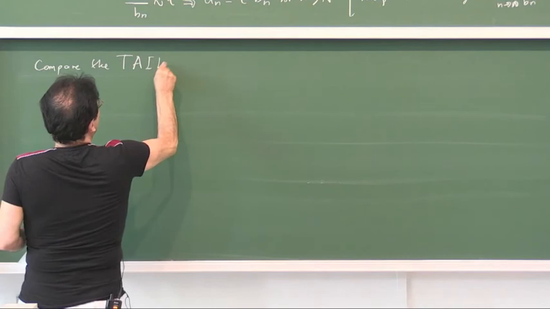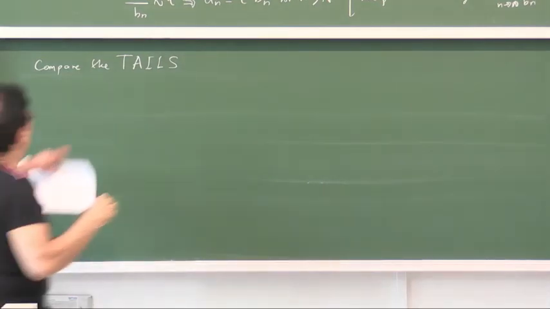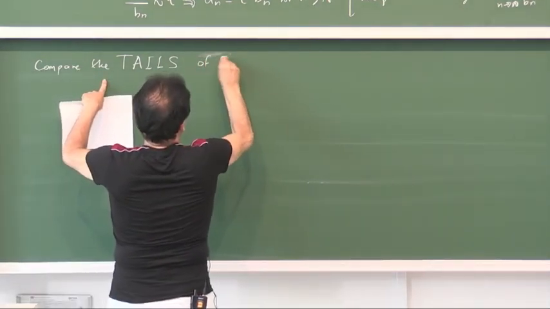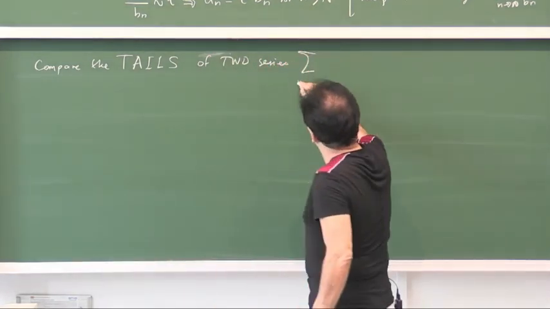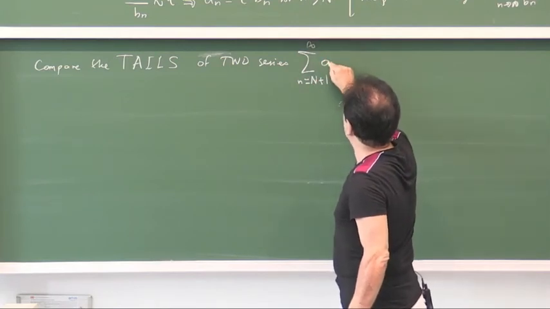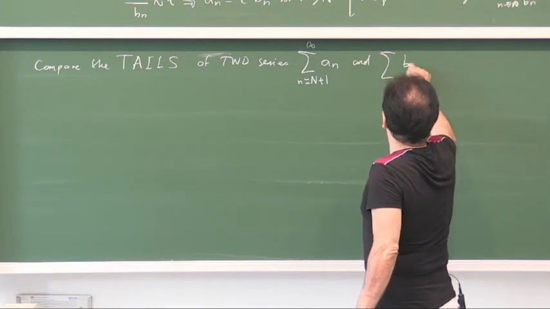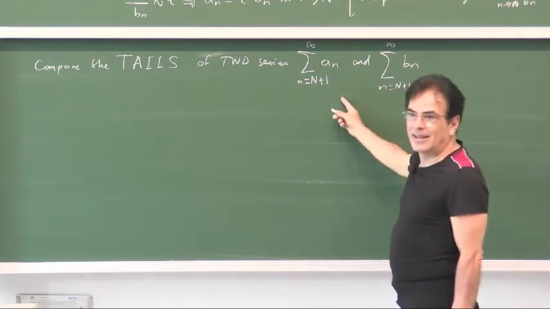You know, tails of series are important for convergence. So compare the tails of the two series, that is, when n starts from N plus 1 up to infinity of an, and of bn.